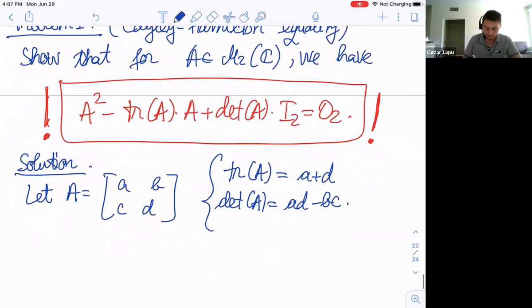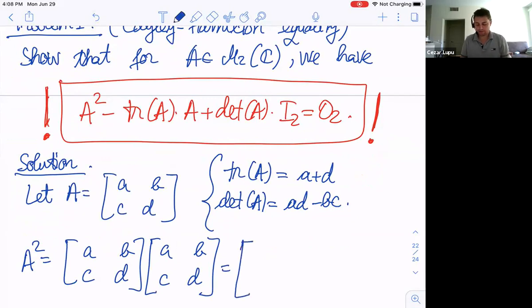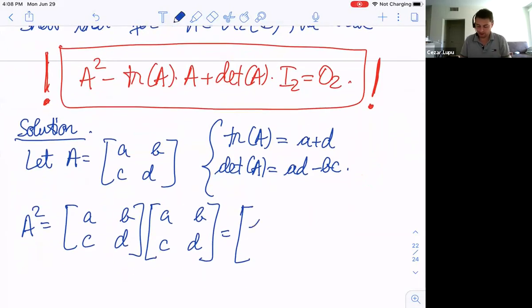So now let's compute this. We have A squared. It will be nothing else than just the matrix (a, b; c, d) times (a, b; c, d). So let's multiply this. It will be a squared plus bc, ab plus bd.